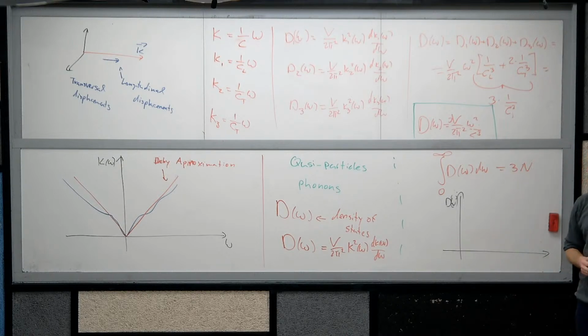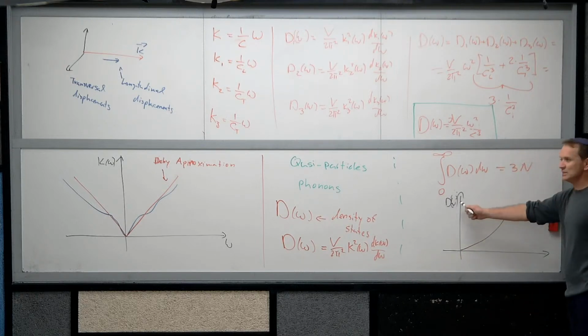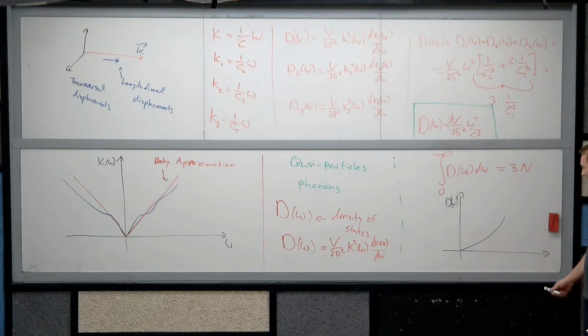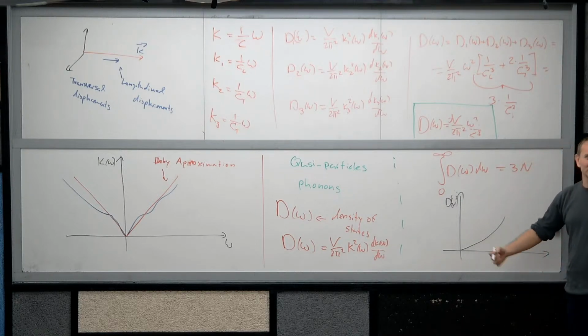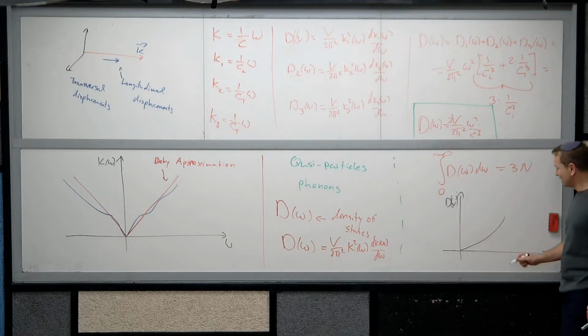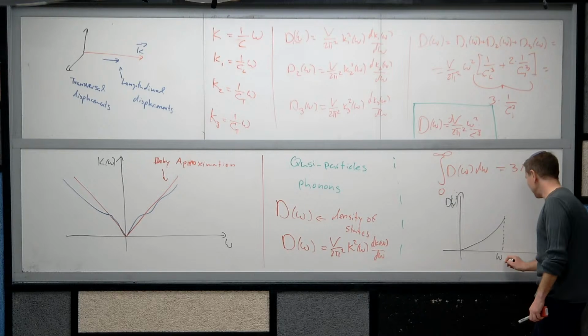So Debye said, well, great. I have this parabolic increase of the density of states, and it actually goes to infinity. This is why the integral is exploding. Now Debye will say, look, of course I cannot take all the different omegas. I will have a cutoff. Let's call it omega max.